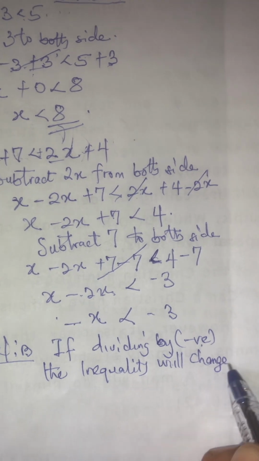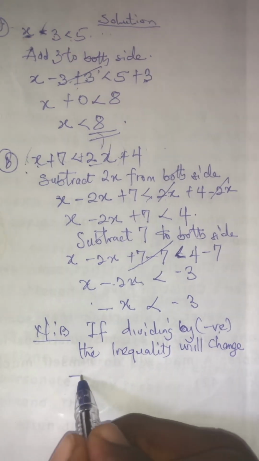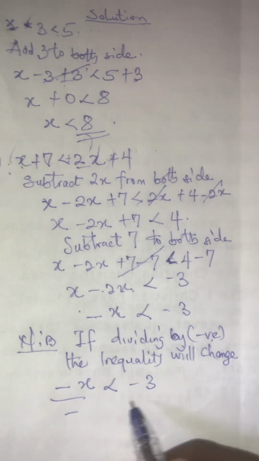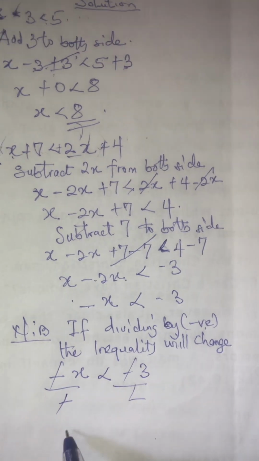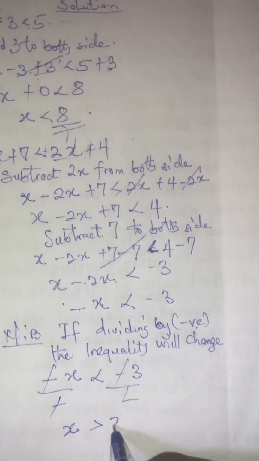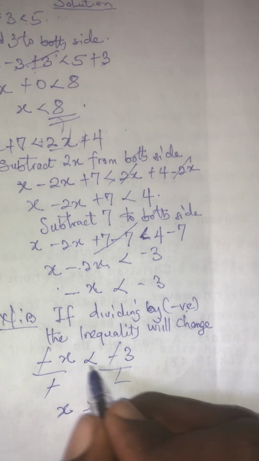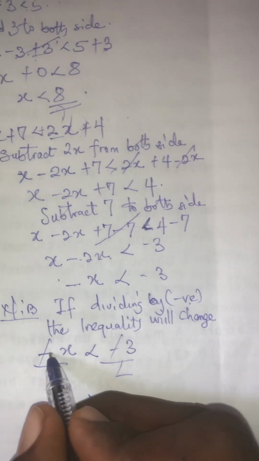Are you getting it? It will change. Look at it, we have minus x less than minus 3. When we are dividing both by minus, we have x greater than 3, because the inequality symbol will change since we are dividing both by negative.